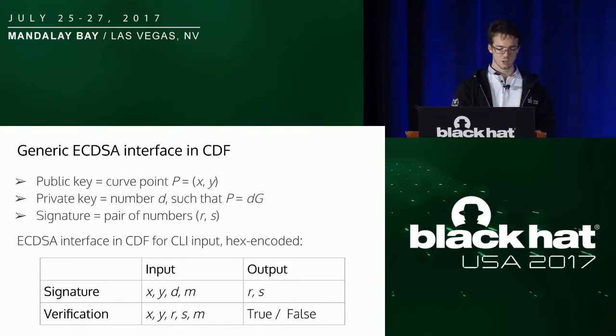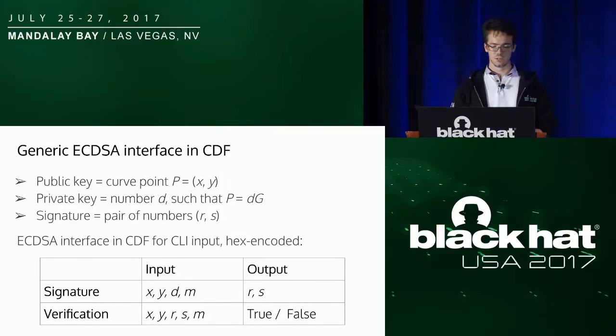For example, for ECDSA, if you want to sign something, you will just need to get the public key coordinates X and Y, the private key D, and the message. And your program should output the signature R and S. If your program does just that, then you can use CDF to test it, which is really easy to code.